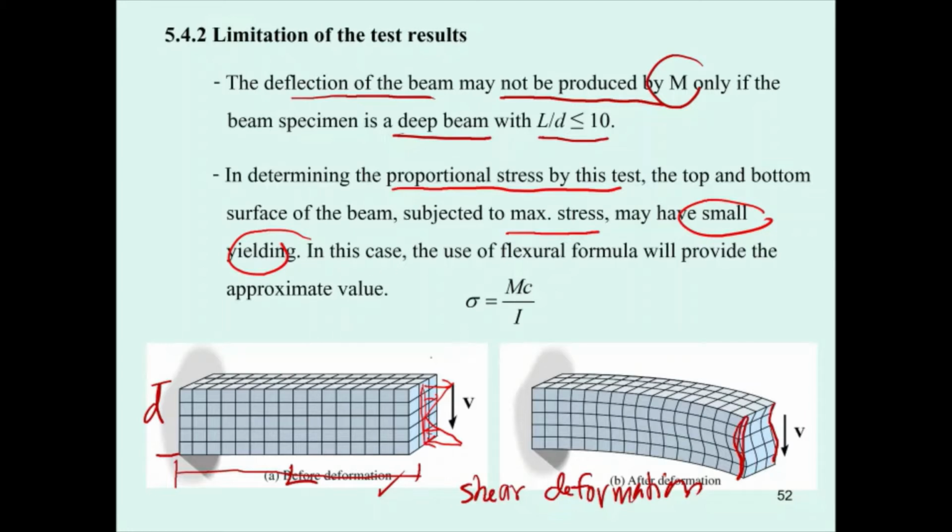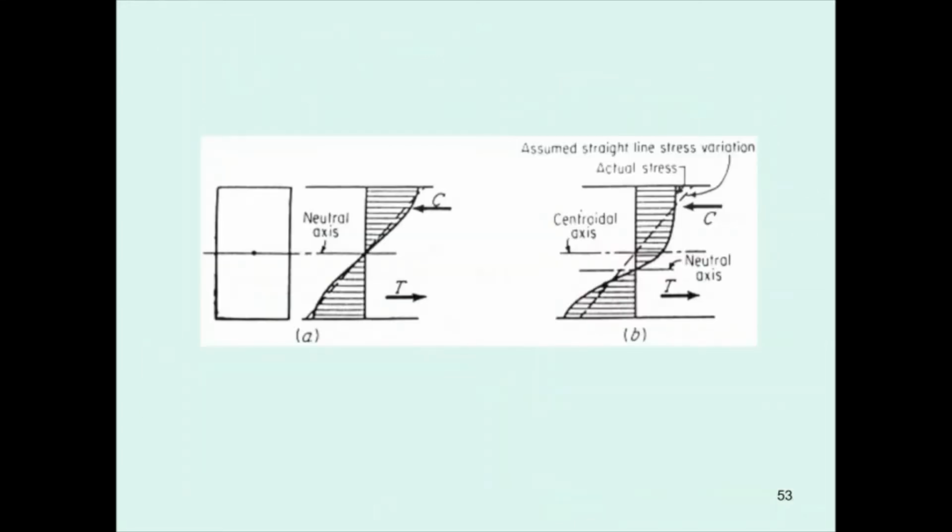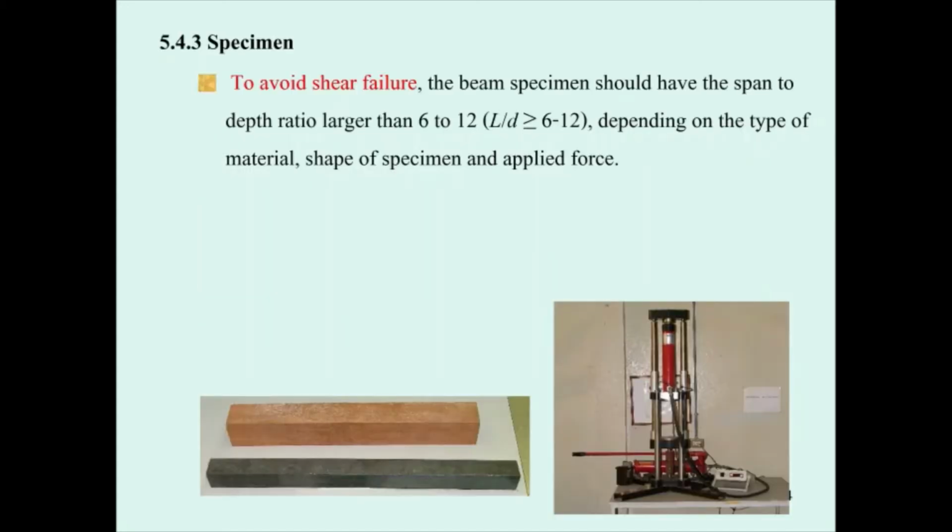Therefore, the proportional stress starts at this point. Only the top and the bottom reach the proportional limit, but the inside won't. So the value computed by this flexural stress is just an approximate value, because it won't occur at the same time, unlike for the tension test. Okay, this is another picture showing you only some part has yielding and the other doesn't.